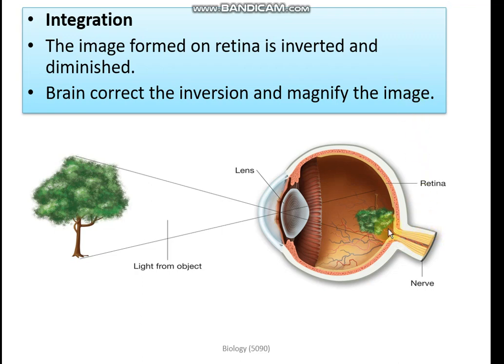So initially the image is inverted and diminished. The visual center, which is the part of the brain that interprets the nerve impulse carried from the optic nerves, will interpret this information and you will be able to see a magnified upright image. This property is called integration.